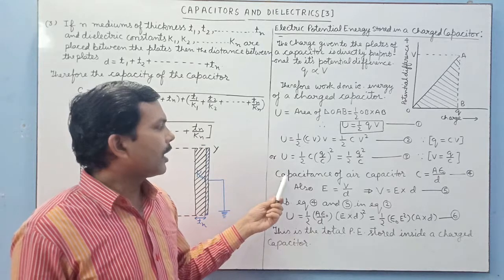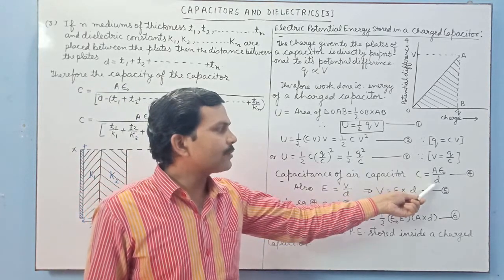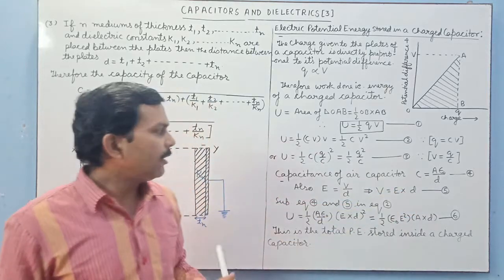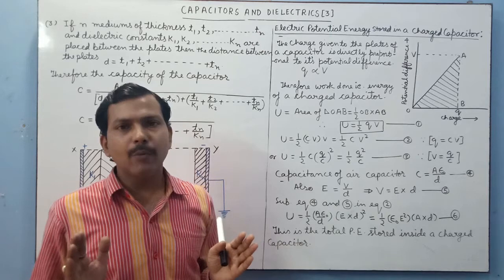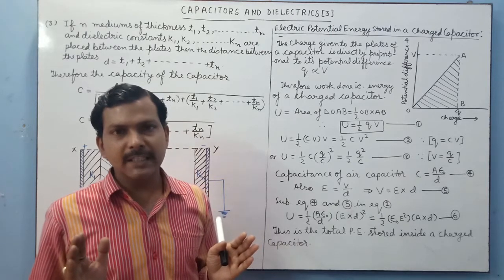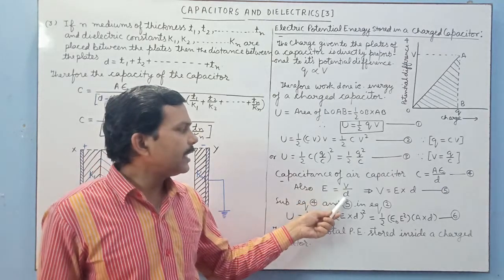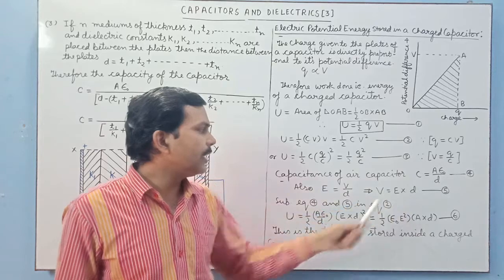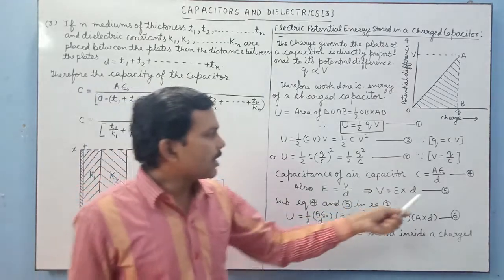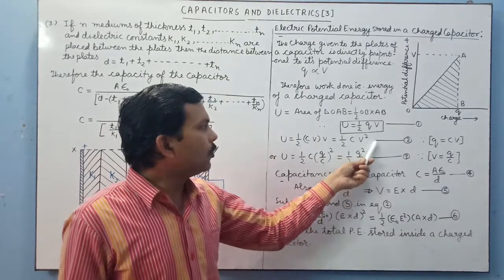As we also know, capacitance of an air capacitor is C is equal to A epsilon 0 by d. If the distance between the plates is d and the potential difference between the plates is capital V, then E is equal to V by d. From here we get V is equal to E into d. Now we will substitute the values of 4 and 5 in equation number 2.